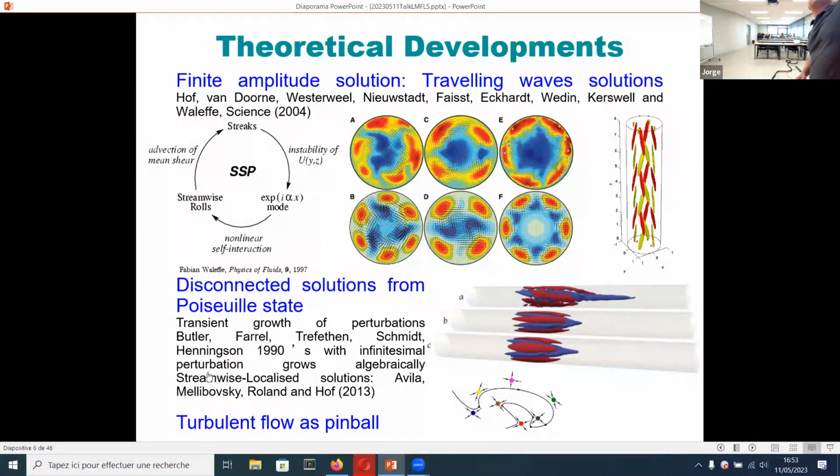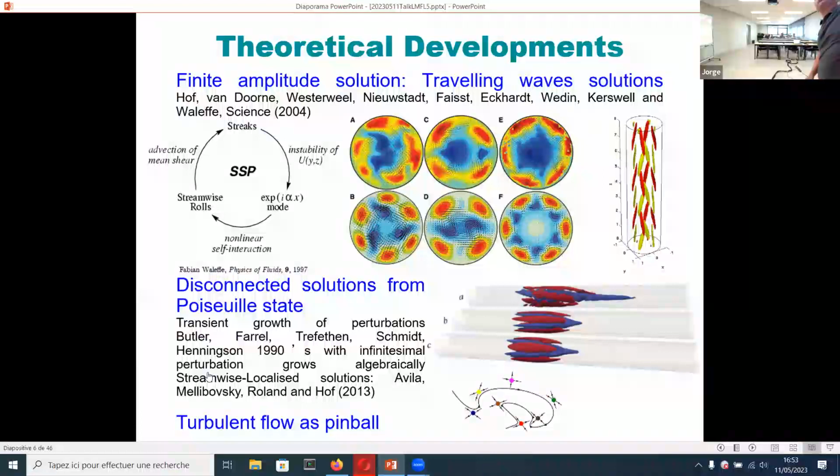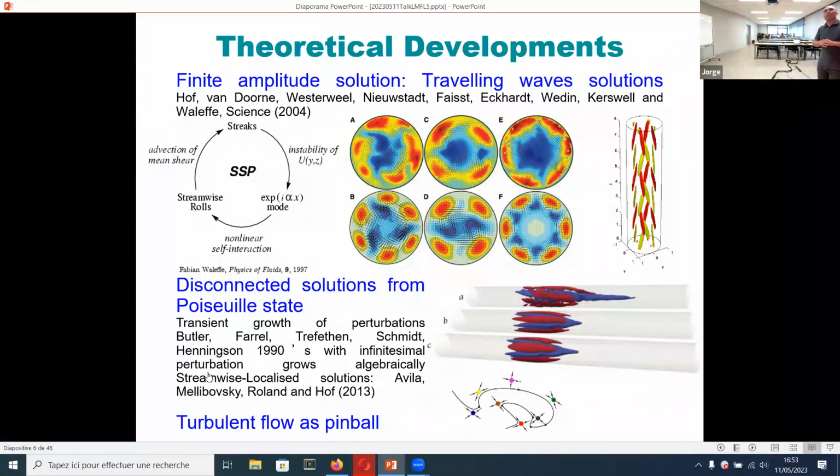It goes fast when it's blue and slow when it's red. And they said, oh, look, the symmetry that we see in these periodic solutions is also seen in the experiments. Of course, they picked a particular solution, but it created a big excitement at the time.